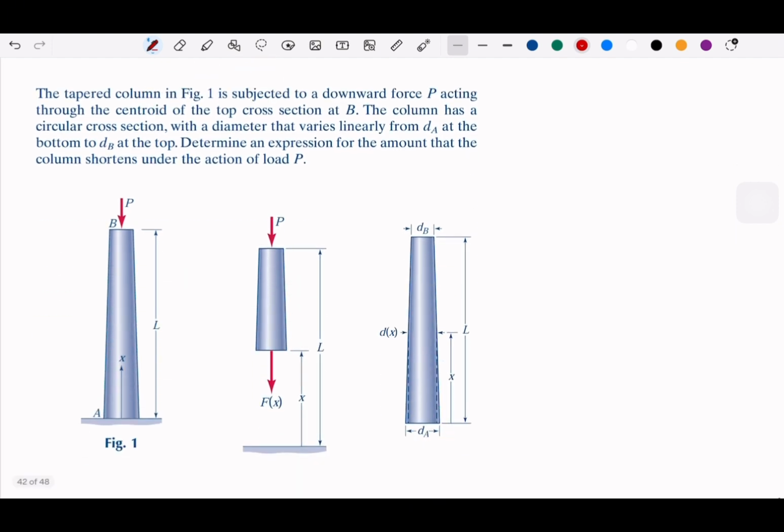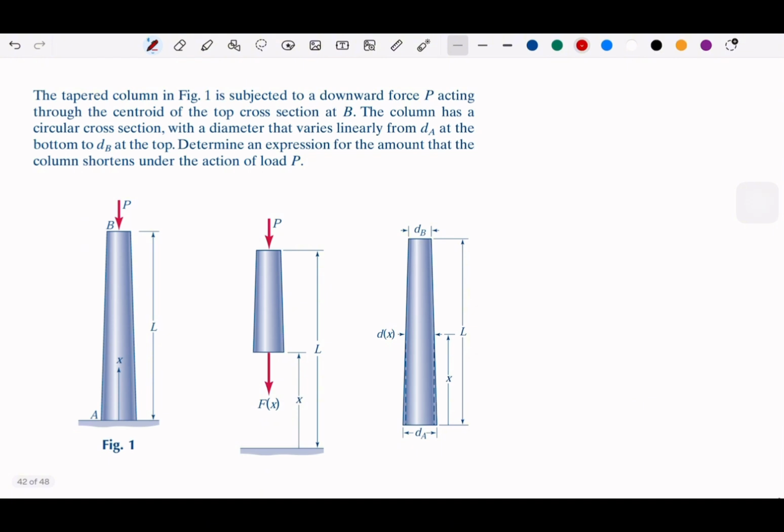For example, here we have a column, and of course the column is not the same throughout its length. Throughout its length, the cross section will be different. You see the bottom side, A, and if you walk from A to B, the cross sections are getting smaller. The diameter is different, right?